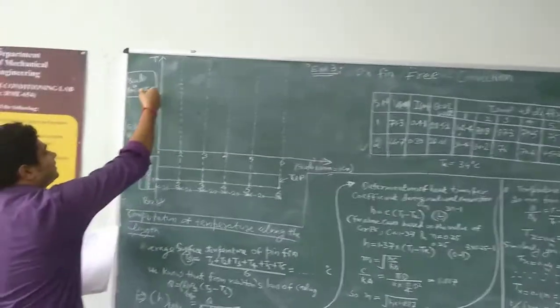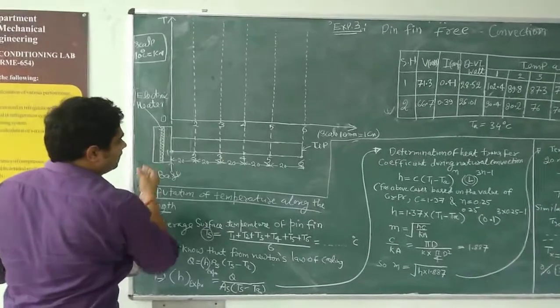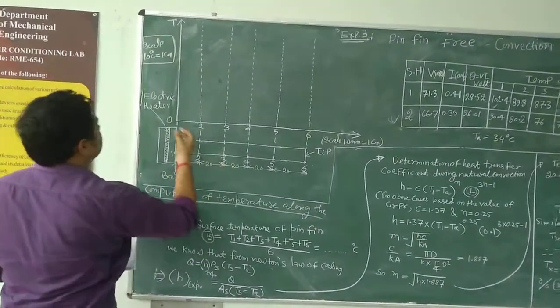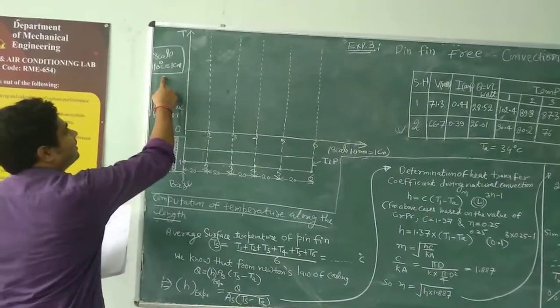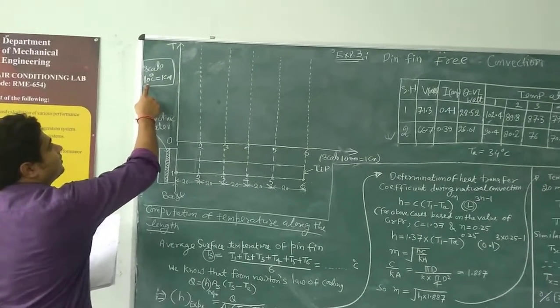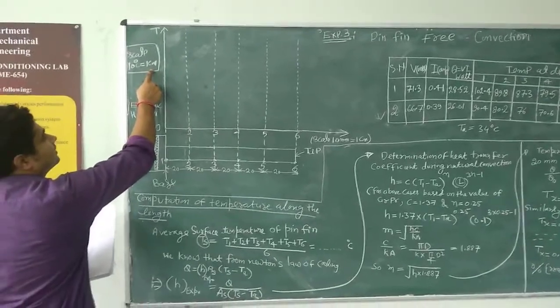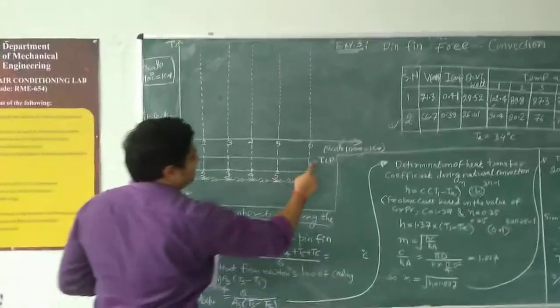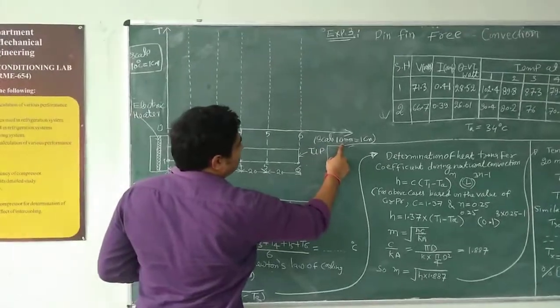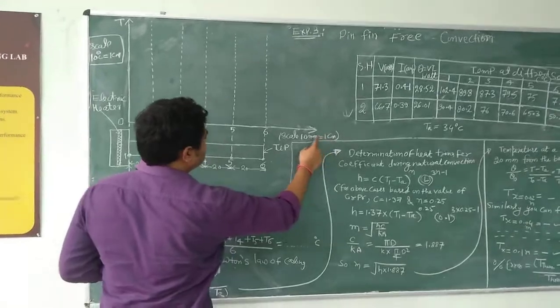On the y-axis is the temperature, and on the x-axis is the length along the fin. The scale is: for a temperature of 10 degrees Celsius, take 1 centimeter, and for length, 10 mm is equal to 1 centimeter. So this is the scale.